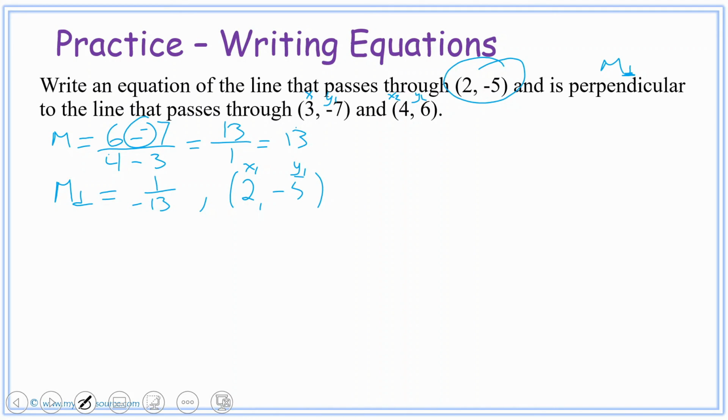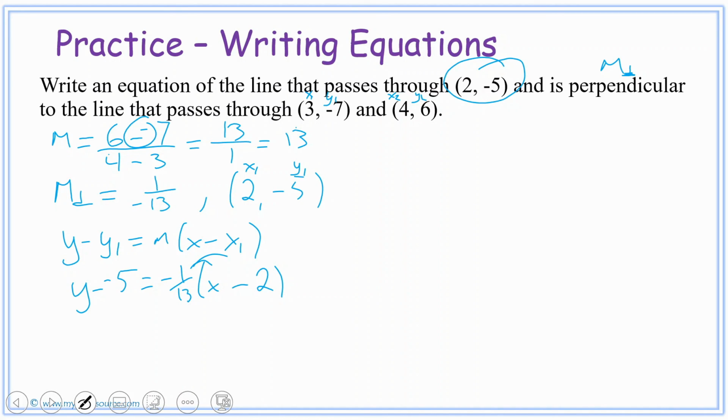All right, so let's go ahead and use that formula. y minus y1 equals m times x subtract x1. Our y1 is negative 5. Our m is negative 1 over 13. Our x, the first x is static, stays the same, and then minus 2. We can distribute in.